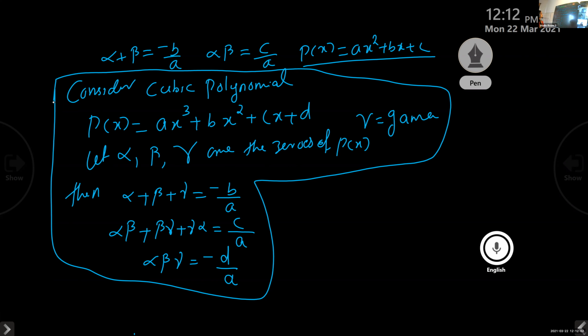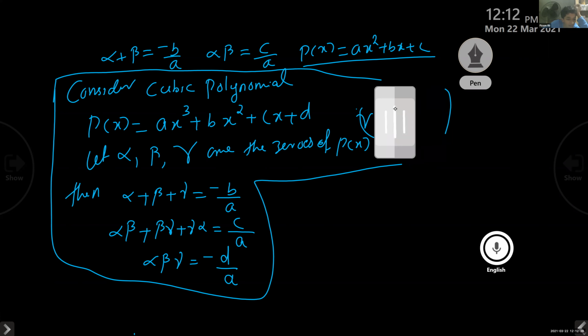Kisan, read. P of x equal to x cube plus bx square plus cx plus d. Let alpha, beta, gamma be zeros of p of x. No need to read that, I just wrote what gamma is.